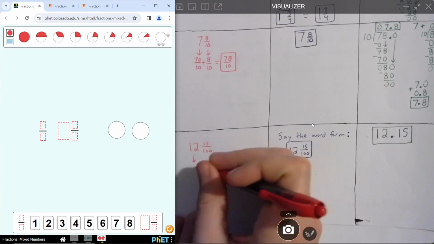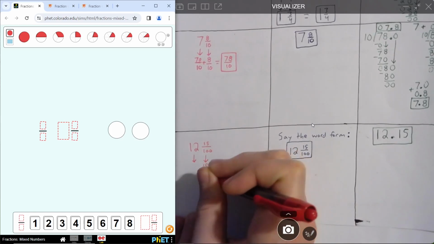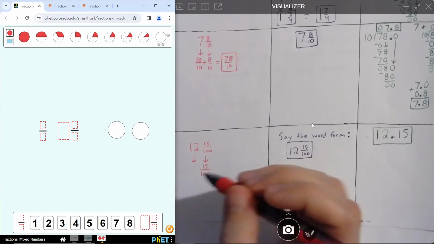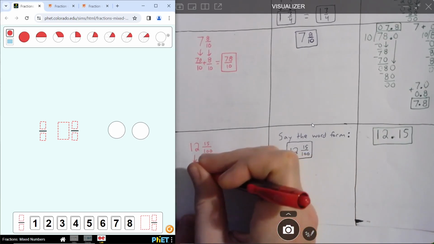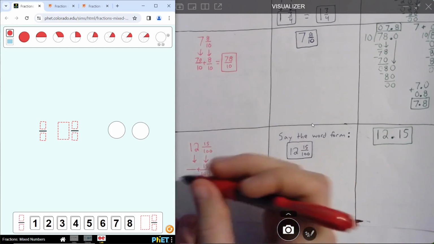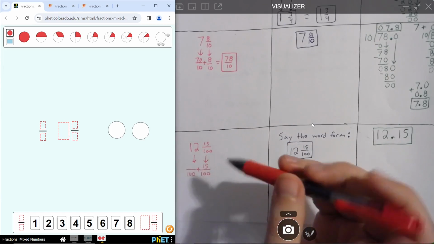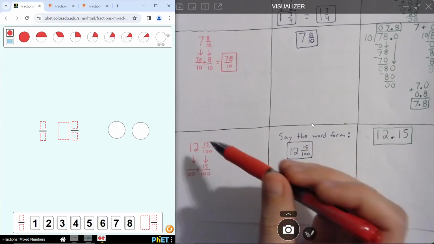And so we need to add something to 15 hundredths. And like I said, I'll be going over this fairly soon, which is the idea that when you're adding fractions, the denominators need to be the same. So we need to have a fraction with the denominator of 100 to add to this 15 hundredths.